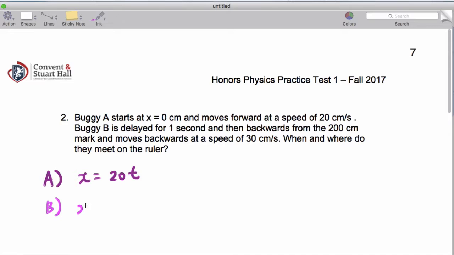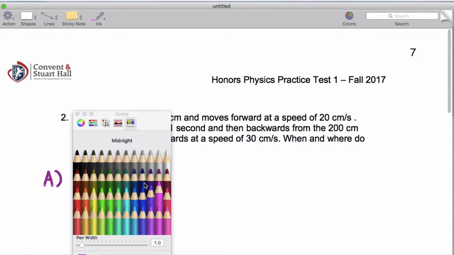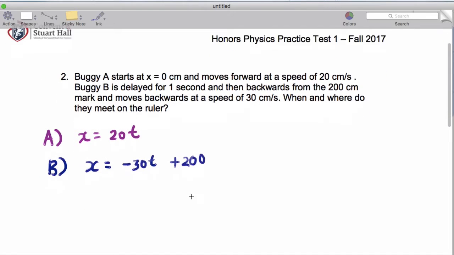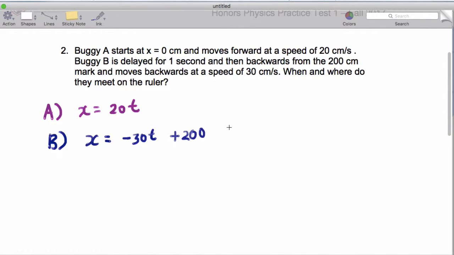Let's use a different color for this buggy problem. So for buggy B, x ends up being negative 30 times t plus 200, but we have to be clear that we're actually delayed by 1 second.